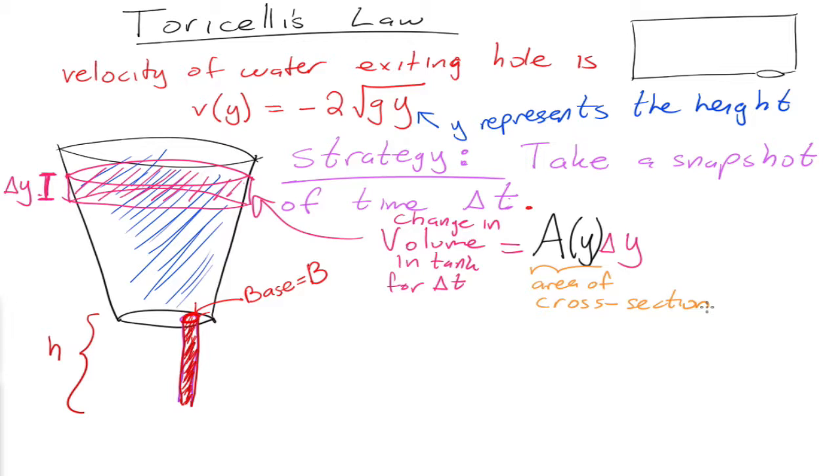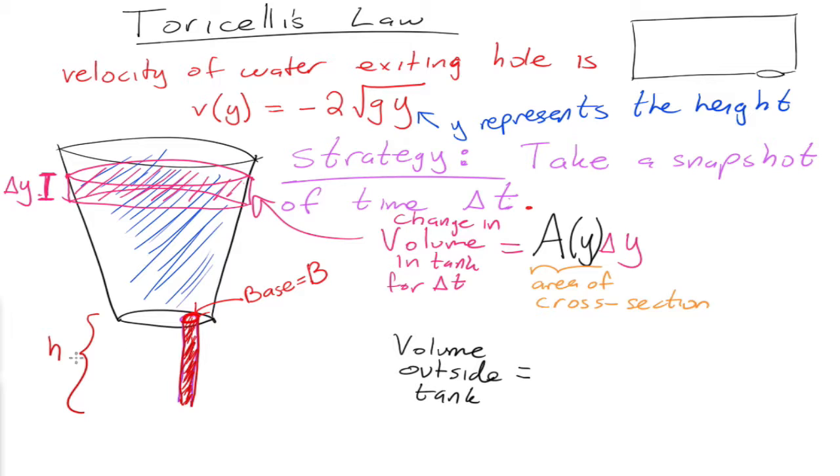Okay. So we know that those two quantities of water are identical, right? The amount of water that exited the tank and the change in the amount of water inside of the tank, those are the same, right? So we set those equal to each other. But before we do that, volume outside the tank, you guys already told me what it was, right?